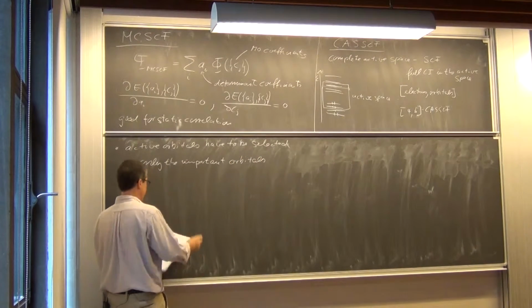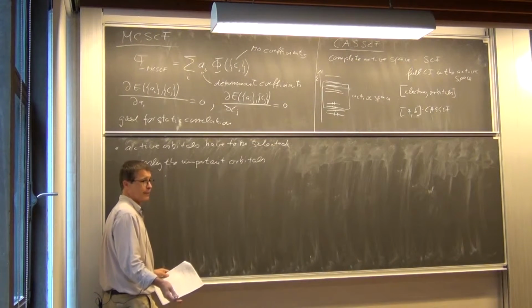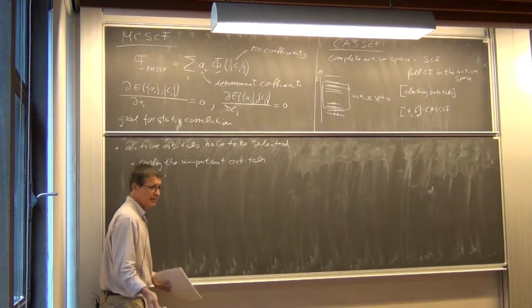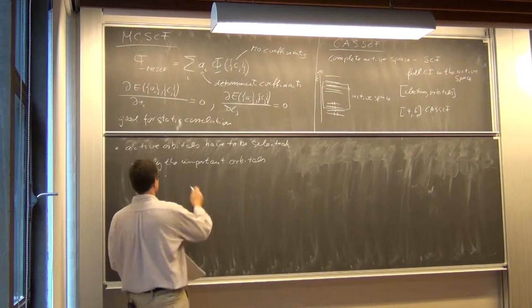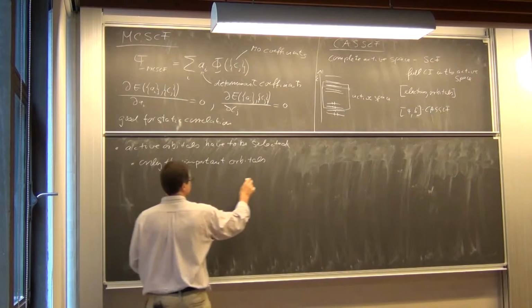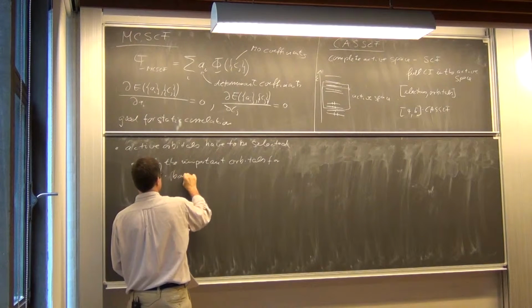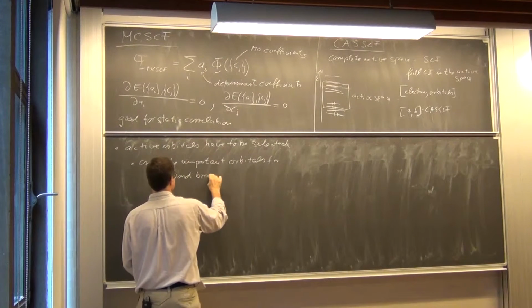That could be important, for example, if you're looking at a bond breaking situation, then the orbitals which describe that bond. Important for bond breaking, if that's what you're looking at.